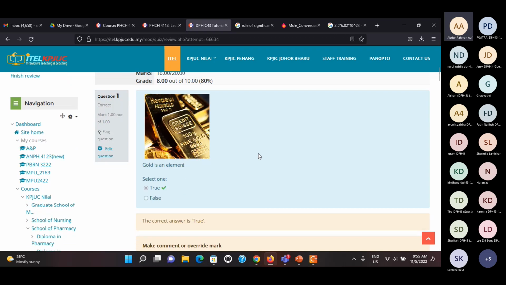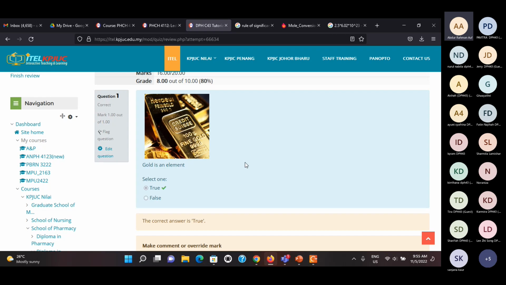Question number 1. True or false? Gold is an element. Jawapannya adalah true. Okay, gold is made up of only gold atoms only. So if something is made up of only one kind of atom, that's what I mean. Bukan sebiji atom. When I say one atom means one kind of atom.